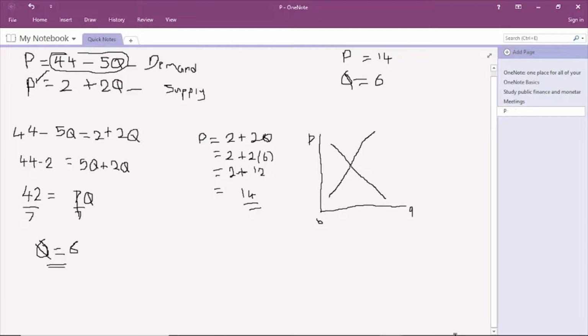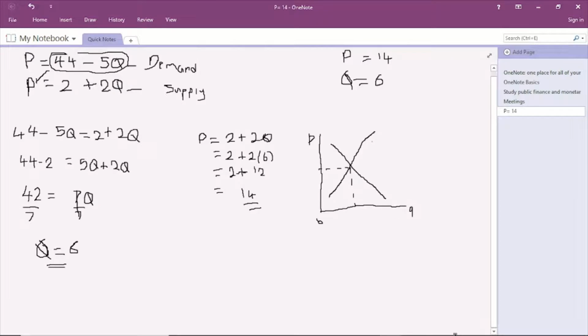And then here is where the price and quantity are equal. It's called equilibrium. This is where you have the price which consumers are willing to buy at, and also the price which producers are willing to sell at a quantity. So when we solve these demand and supply equations, let me just label this.